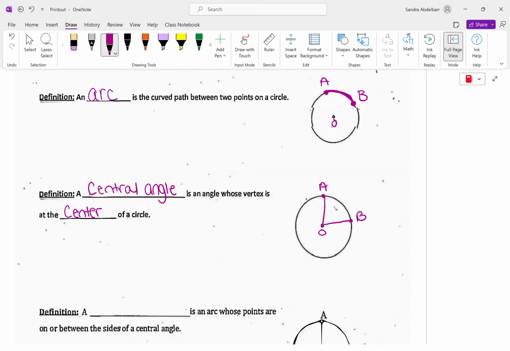Because O is the center of the circle and O is the vertex of my angle, this is called a central angle. And a central angle always intercepts a minor arc. And we'll talk about minor versus major in a minute. But a central angle always intercepts a minor arc.